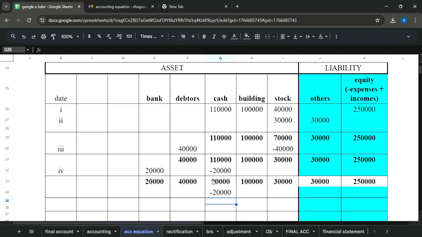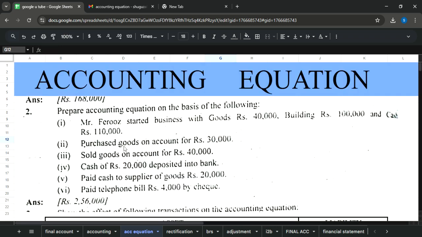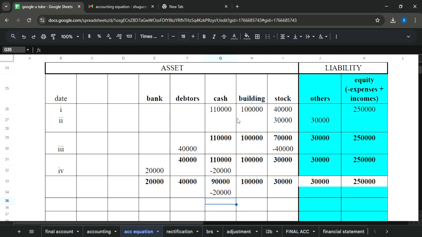It was your liability. Look here, when you purchased these goods, 30,000, that was your liability to pay. And when you have paid, your liability has been decreased. Decrease in liability means minus 20,000. Alright guys, in this way our entry number 5 has been completed.